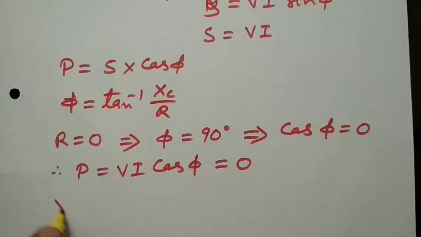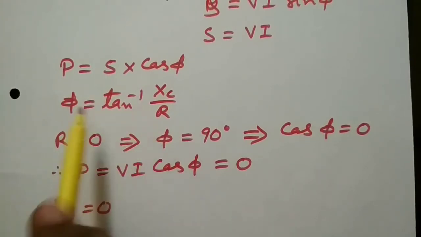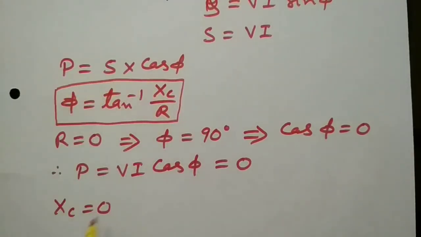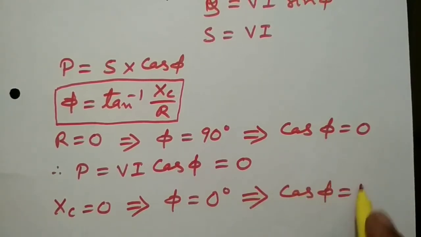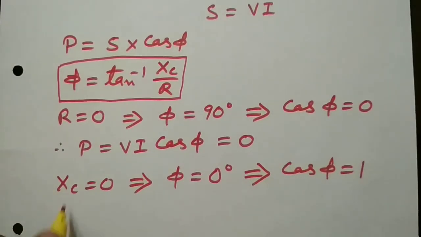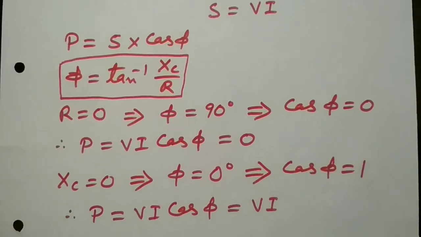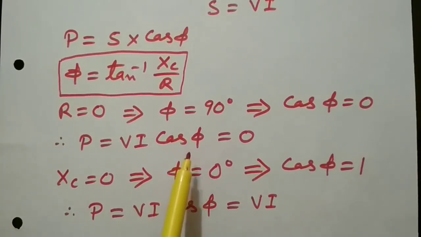And if Xc is equal to 0, from this relation of phi it means phi will be equal to 0 degrees, and as a result the cos phi value will be equal to 1. Therefore the active power VI cos phi will be equal to V into I. So here the factor cos phi indicates how much power can be utilized.